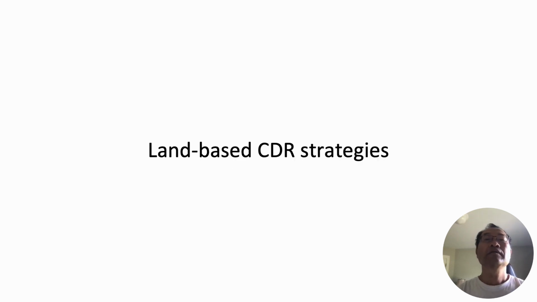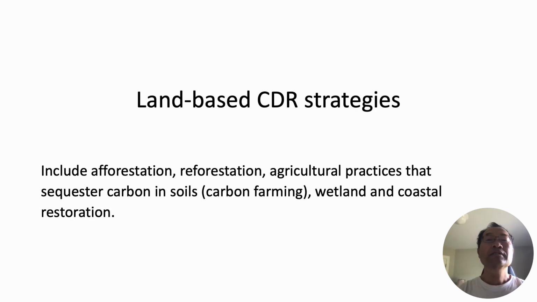Now let's talk about land-based carbon dioxide removal strategies. The land-based carbon dioxide removal strategies include afforestation, reforestation, agricultural practices that sequester carbon in soils, such as carbon farming, and wetland and coastal restorations.